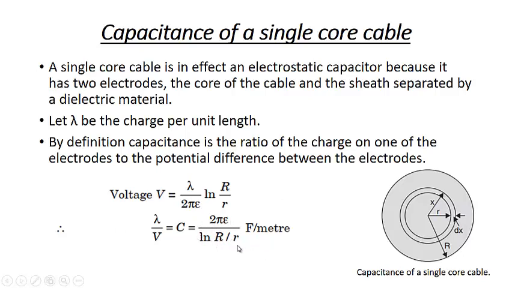Also, in the case of the overhead line, this epsilon was not directly epsilon, it was epsilon naught, because the medium was air, and we know that epsilon naught for air is always taken to be equal to 1. In that case also you will see that the capacitance of an underground cable is more than that of the overhead conductors.